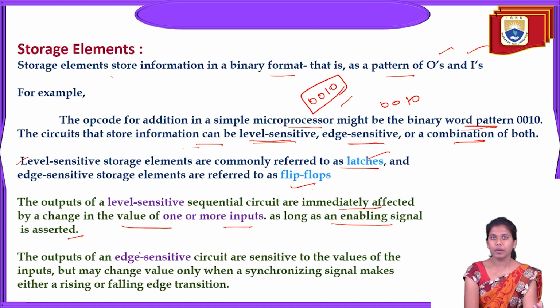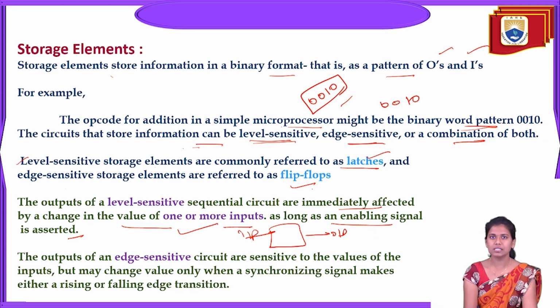Why? Because abrupt changes occur with respect to the input, that is, one or more inputs. When the values at the particular inputs change abruptly, then there is an immediate effect of the changes in the output.